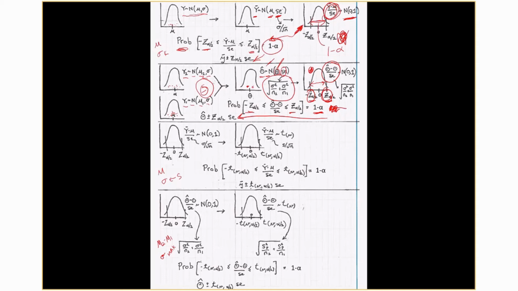Now what we're going to do is the third scenario, where we're trying to get a 95% confidence interval on our estimate of a single population mean, but in this case, the standard deviation of the underlying population is unknown, and it's going to be estimated by our sample standard deviation. So what I've done here may not be terribly obvious.